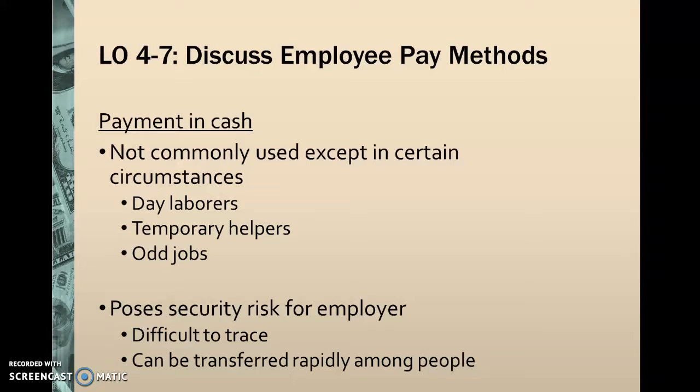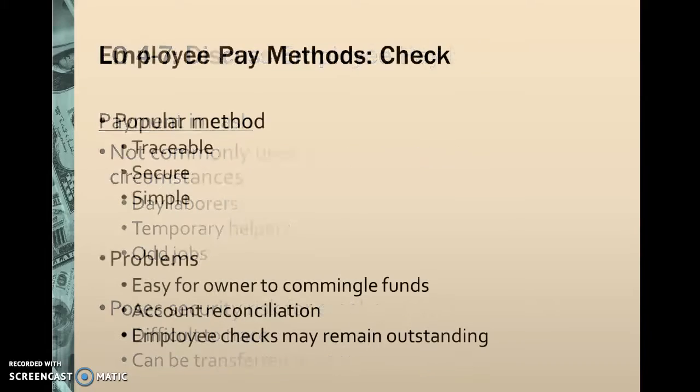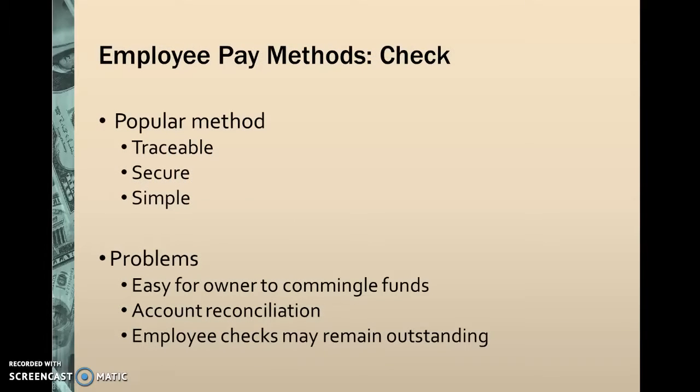It does pose a risk for employers due to tracing of all the deductions along with the pay, and cash can be transferred rapidly among people. Some popular methods are traceable, secure, and simple. Problems: it's easy for the owner to commingle funds, account reconciliation, and employees' checks may remain outstanding.